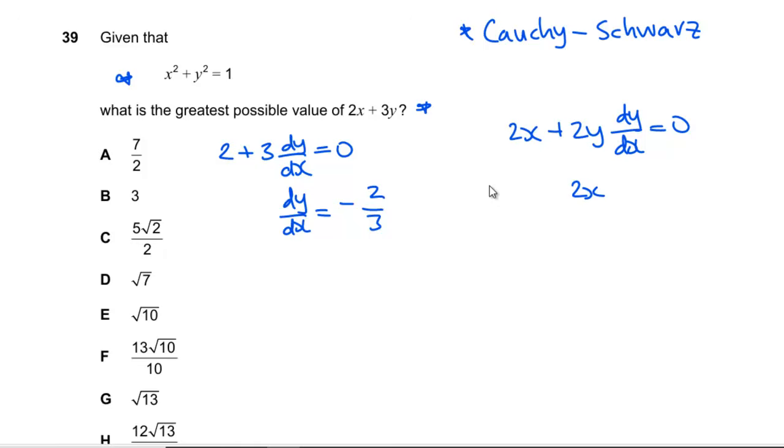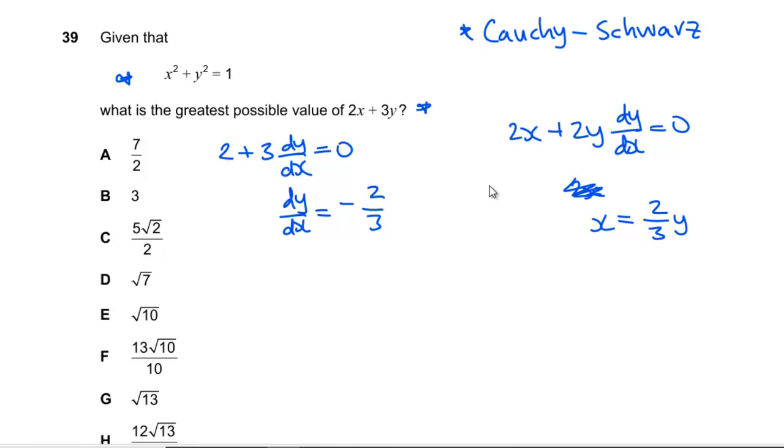So I'm going to get 2x, well, I can get rid of the 2s actually. I can say that x is going to be 2/3 of y. So I've now got a relationship between x and y, which is going to make all of this quite easy to figure out.